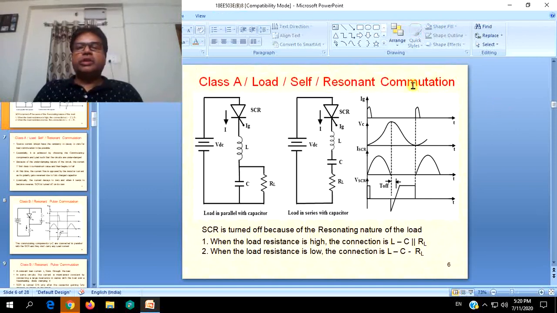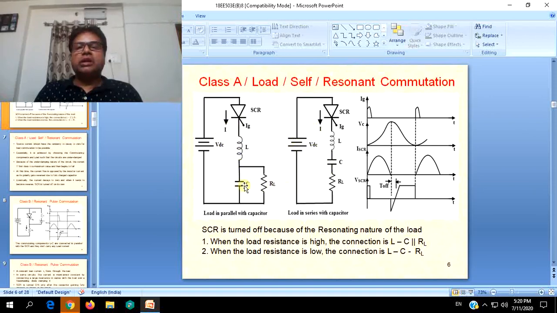To make this commutation possible, we have to choose the load and commutating components, that is L and C, such that these three fall under resonance. That is why it is called resonant commutation. And also the resultant circuit should be an underdamped circuit.